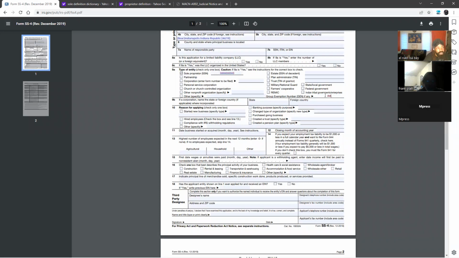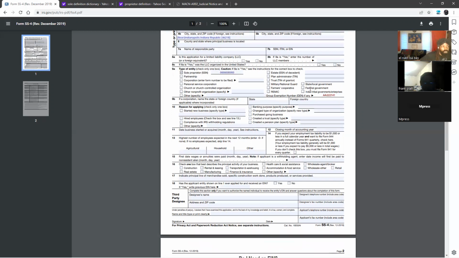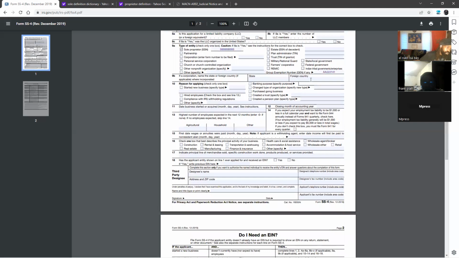Group exemption number, AA222141. You're doing this for banking purposes, and put opening a bank account.